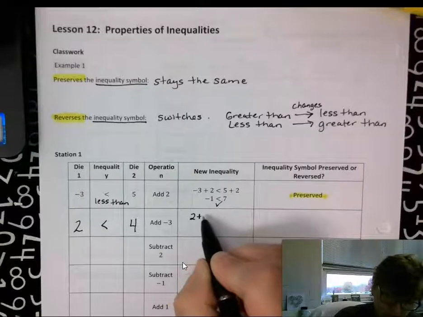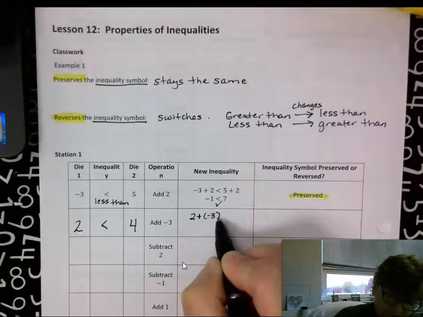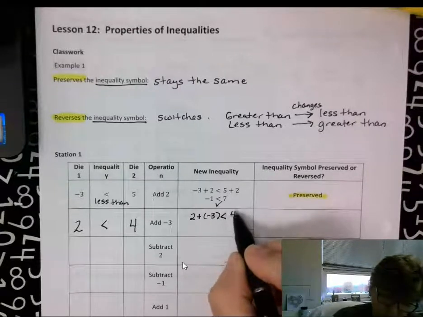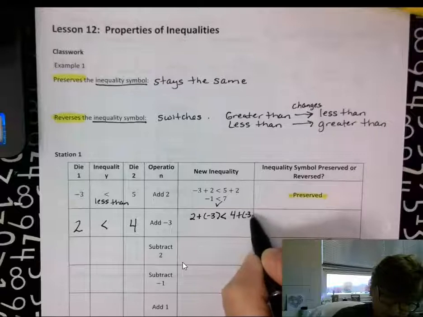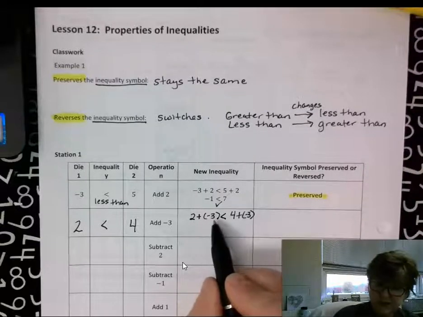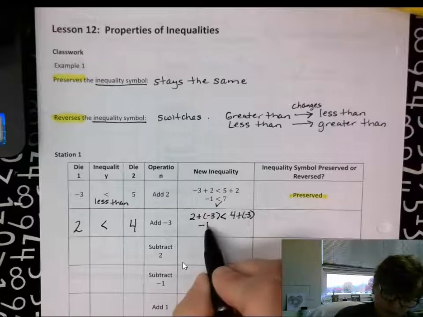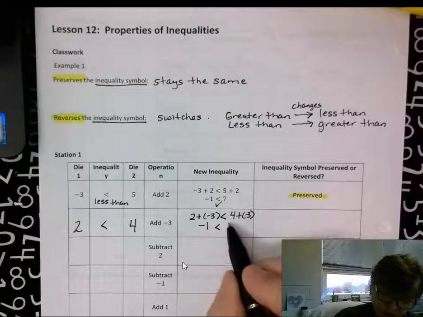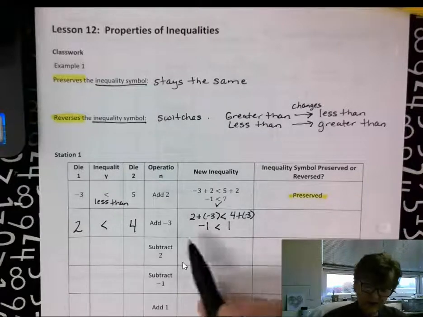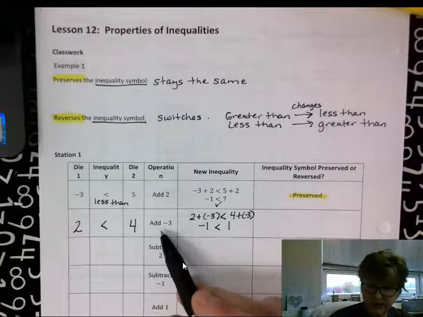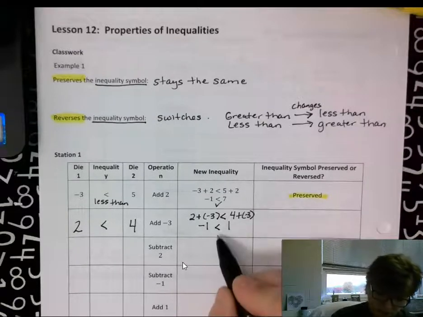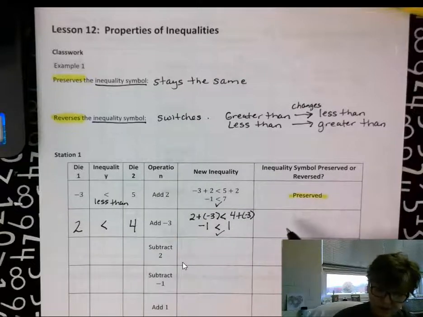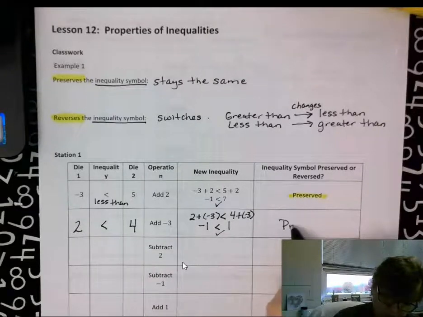So 2 plus -3, keeping our sign, is less than 4 plus -3. 2 plus -3 is actually equal to -1, is less than, and 4 plus -3 is equal to +1. And we see here that it is actually true. Therefore, did I preserve my inequality symbol or did I reverse it? We preserved it.